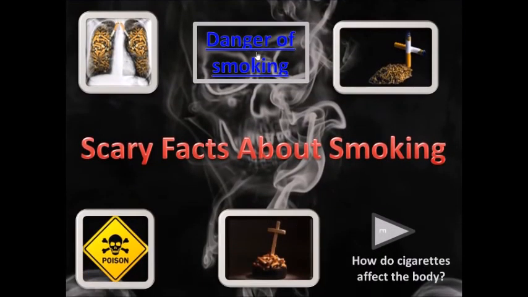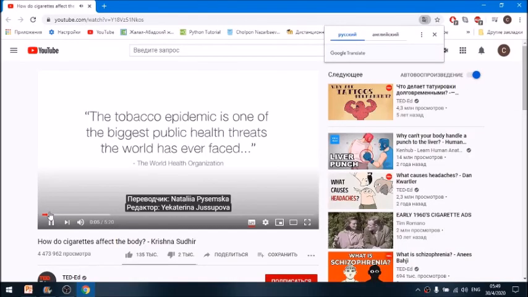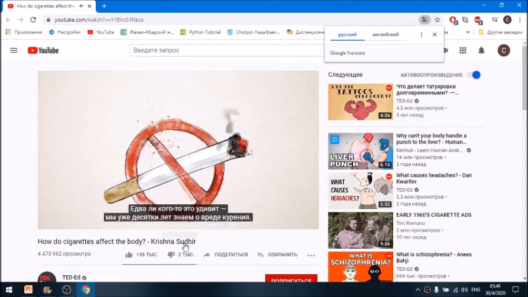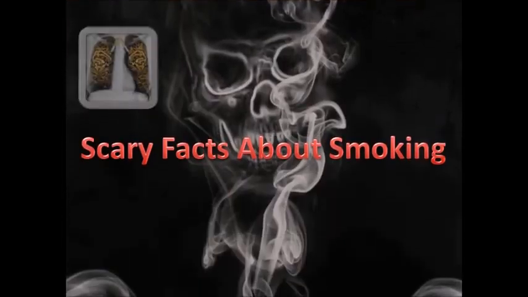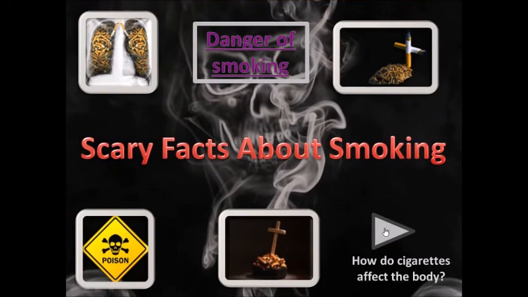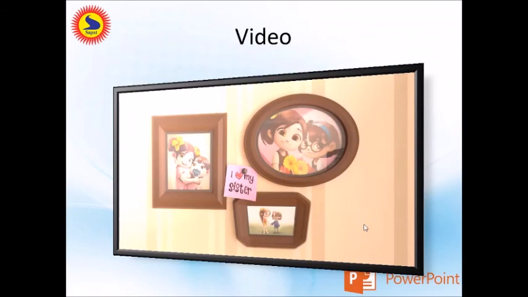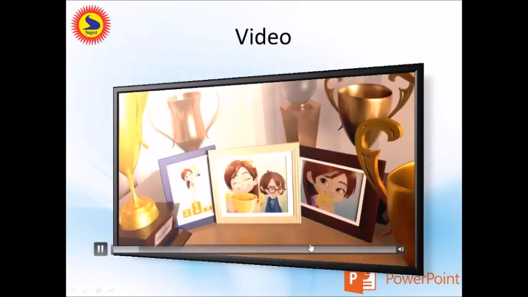Yes, it brings me there again. I go to danger of smoking, so it will open, and here we have information about the damage. Okay, I can click on this, and I will start my video in the different presentation.